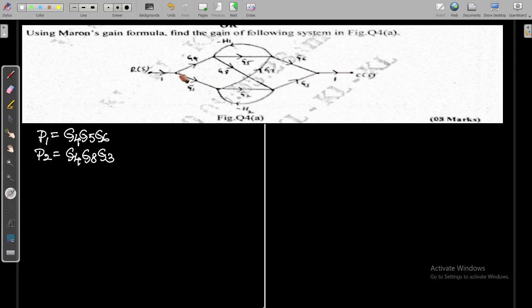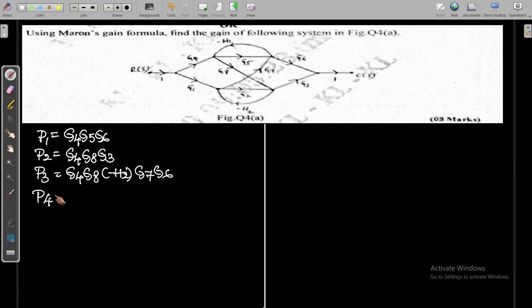See here, once again I am telling, G4, G8, minus H2, G7 and G6. Okay, so let us write that P3 is equal to G4, G8, next is minus H2, next G7, next G6, that is another forward path.